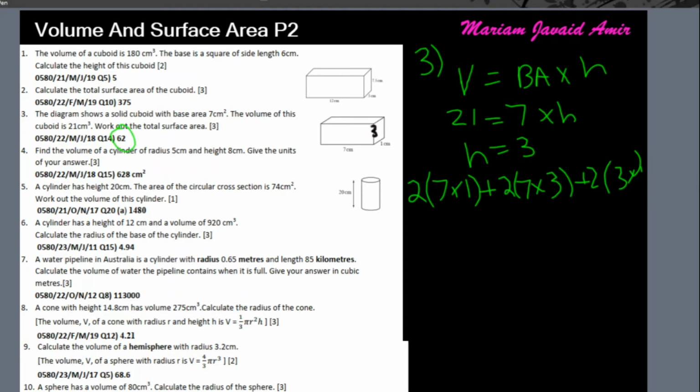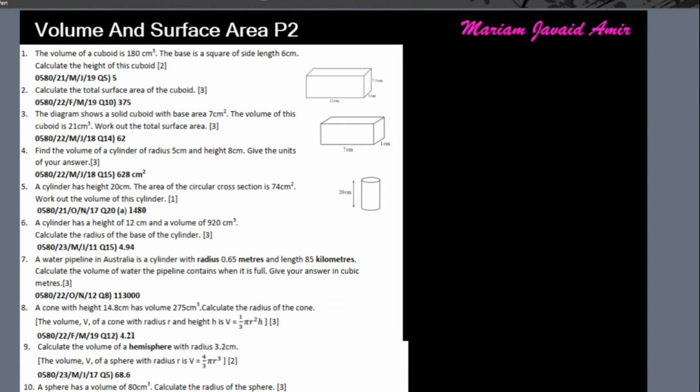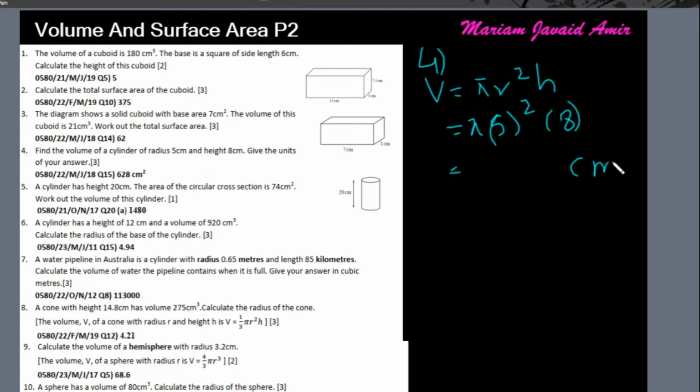Question number 4. Find the volume of a cylinder of radius 5 and height 8. Give the units of your answer. So volume of a cylinder is pi r square h. So pi, we have the radius which is 5 square and height is 8, and the unit will be centimeter cube.